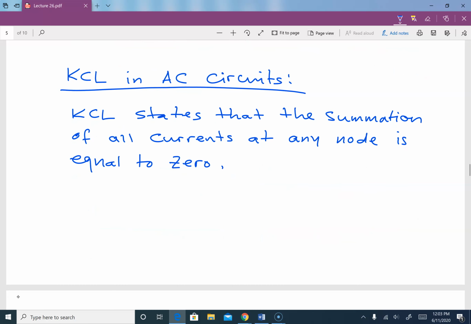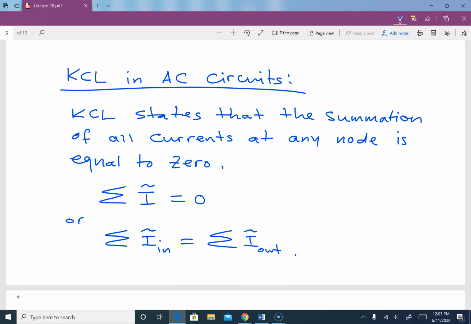What does that mean? It means that summation of phasor I at any given node is equal to 0. Or we can say that summation of current in is equal to summation of current out.